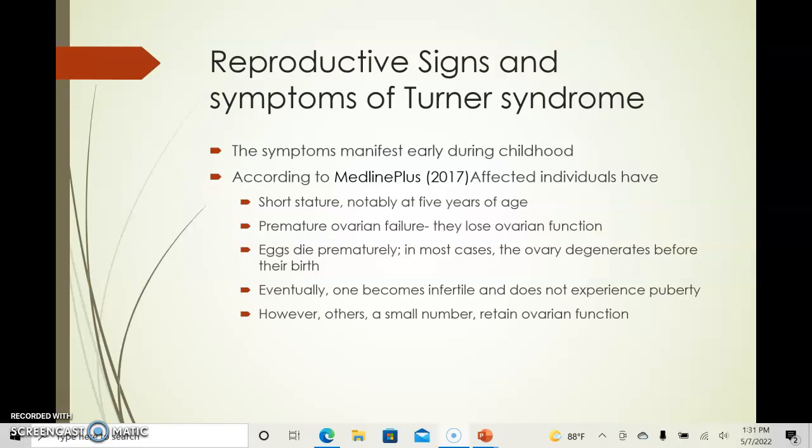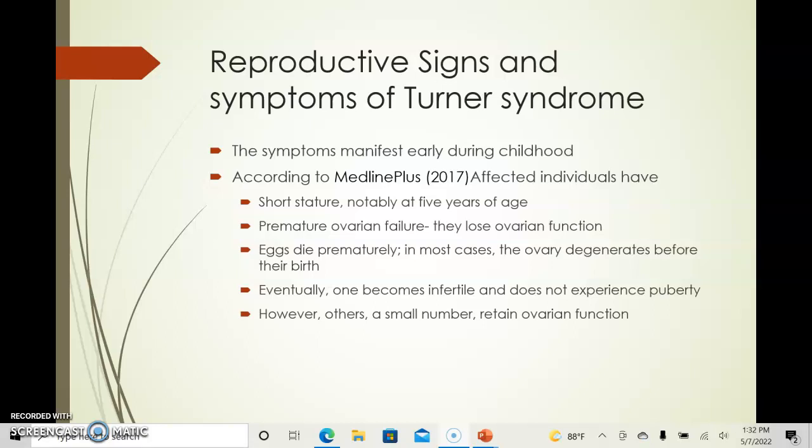They reach peak growth at 5 years. In many cases, eggs die prematurely, resulting in the loss of ovarian function. In most cases, the ovary degenerates before birth, and eventually one becomes infertile.